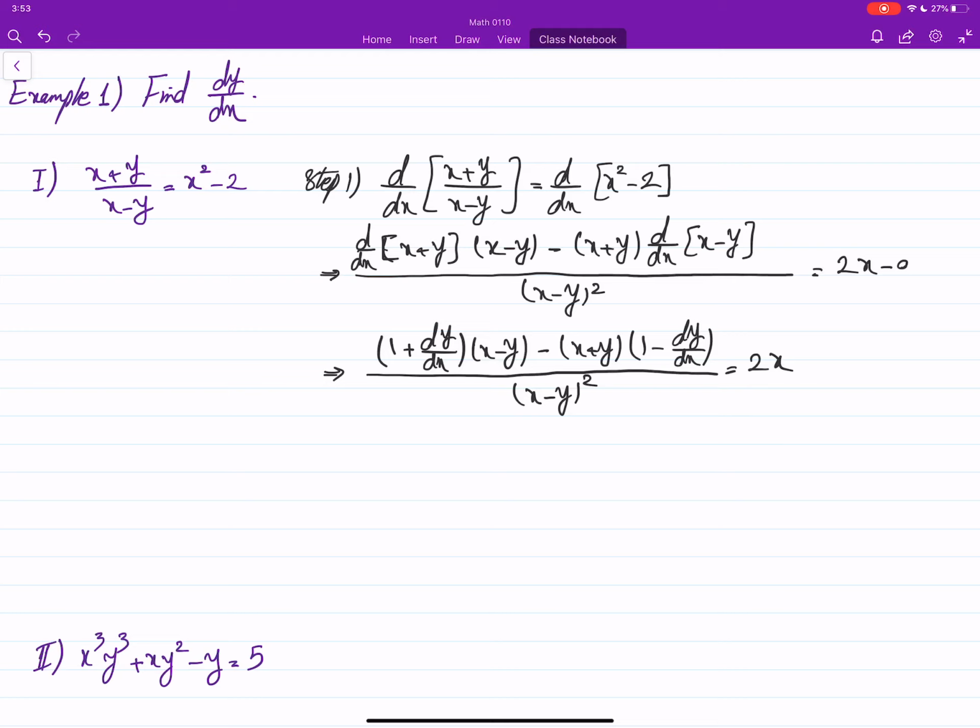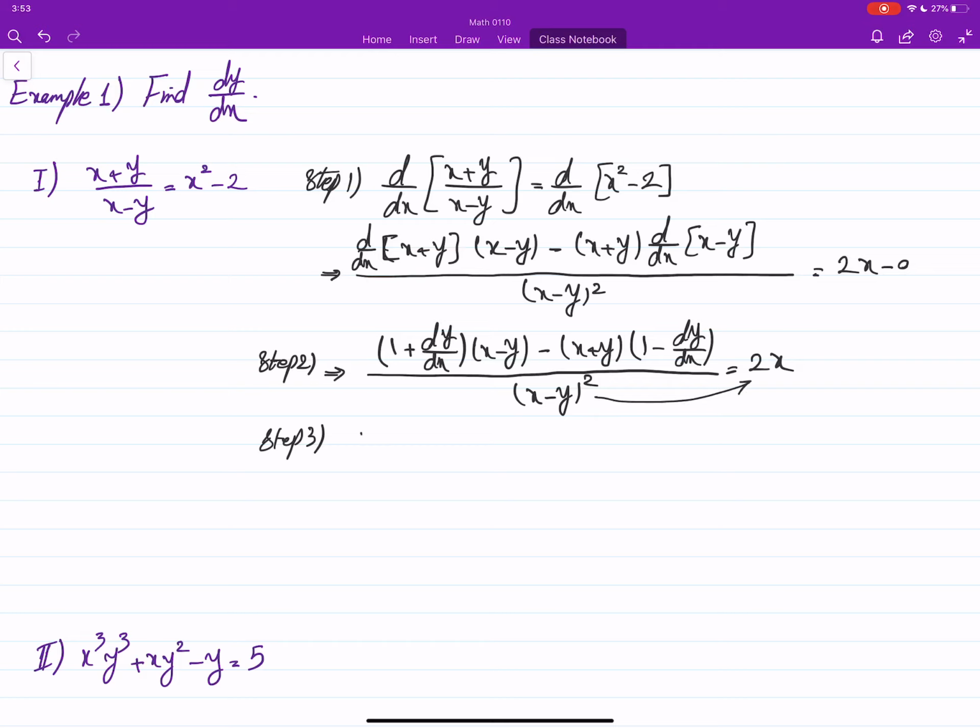Well, that is basically step 2. When we're differentiating a term involving y, we use the chain rule there. Now step 3 is solve it for dy/dx. Here I can start expanding the numerator and multiply the denominator to the right hand side.